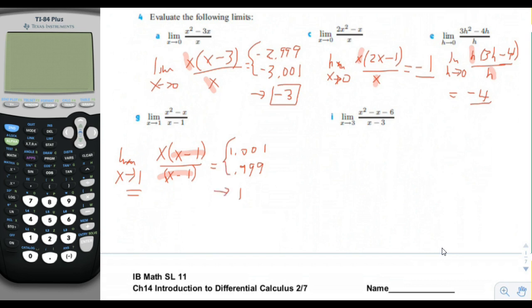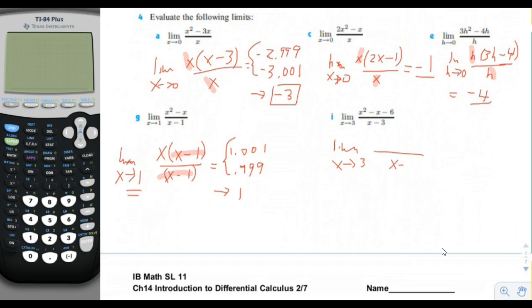Okay, what about I? So we got x squared minus x minus 6 and x minus 3 on the bottom. And just like before, we need to factor something out so that the top and bottom kind of cancel out. Okay? And hint, hint, one of the factors is going to be x minus 3, right?